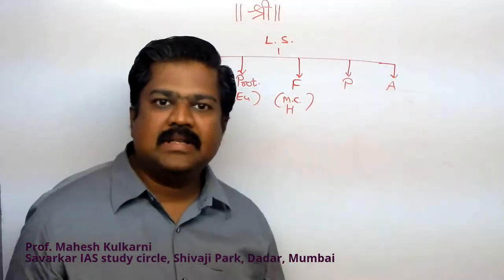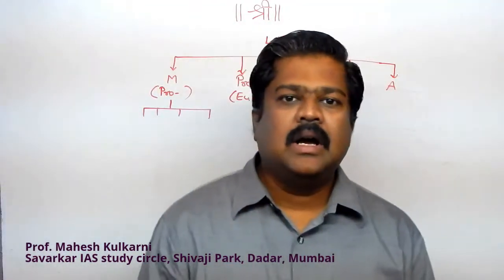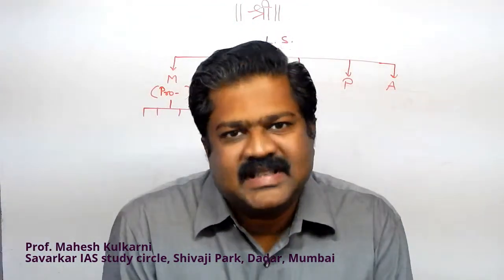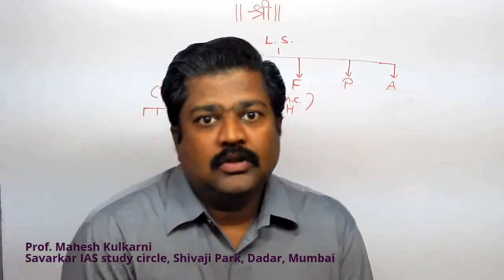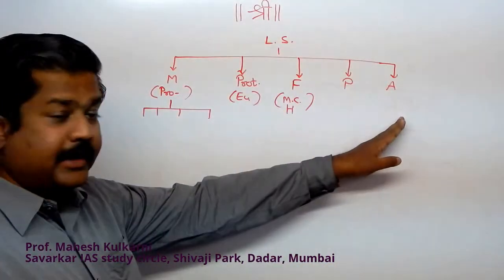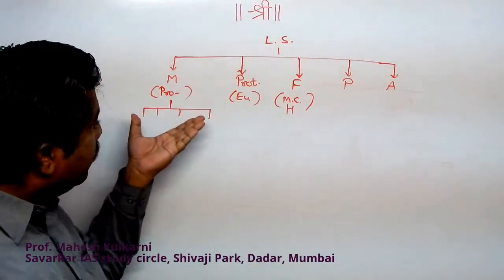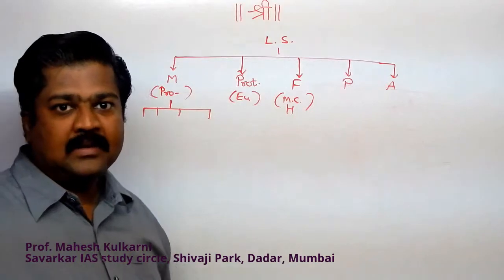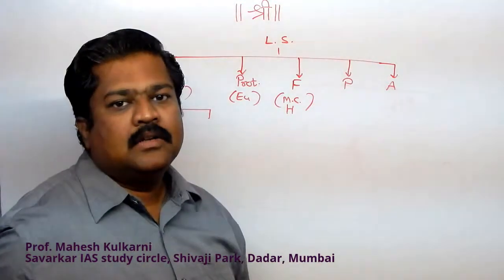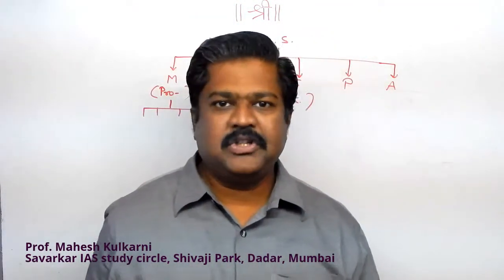We discussed that animals do not have a cellulose cell wall, whereas plants have a cellulose cell wall. So on the basis of this also we can separate them. So Monera, Protista, Fungi, Plantae and Animalia. Like that, the five kingdom classification is there.